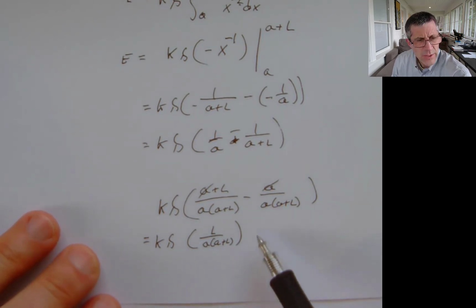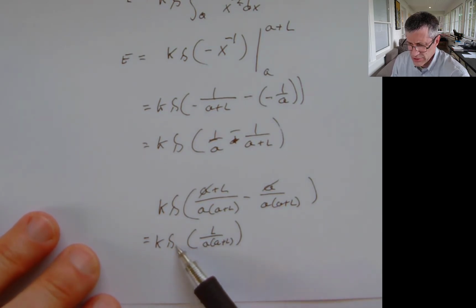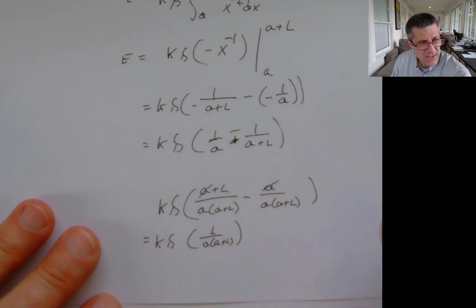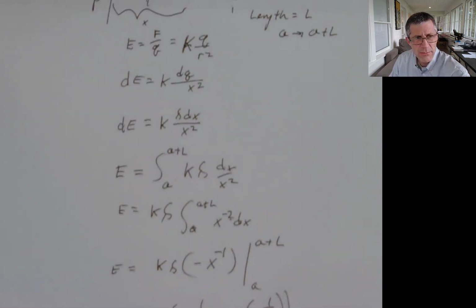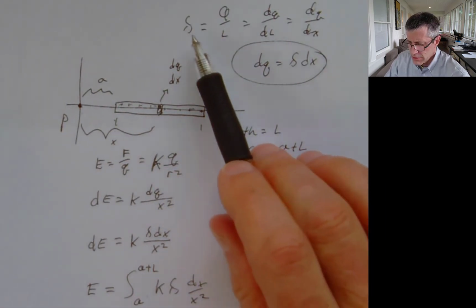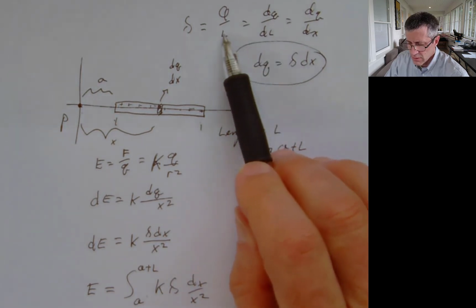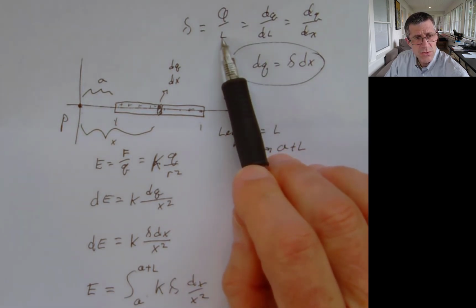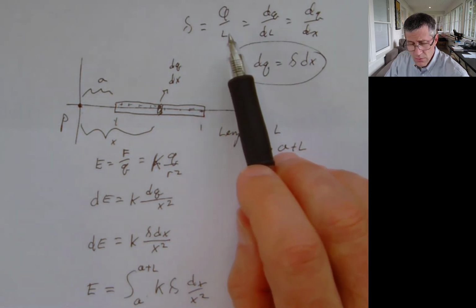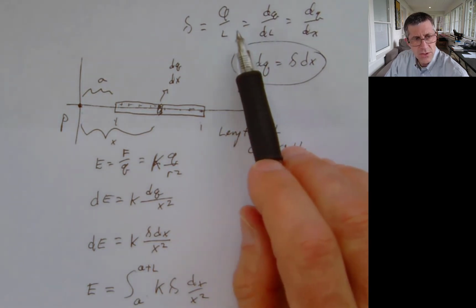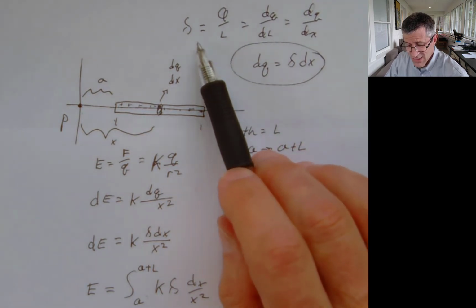Well, I'm close, right? But I still have this linear charge density, and I don't really want to have that in there. But remember, the linear charge density I used to get here is true for the entire rod. So for my entire rod, my total Q divided by my total length is also equal to this.